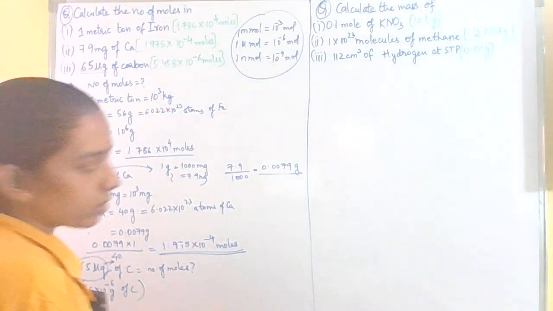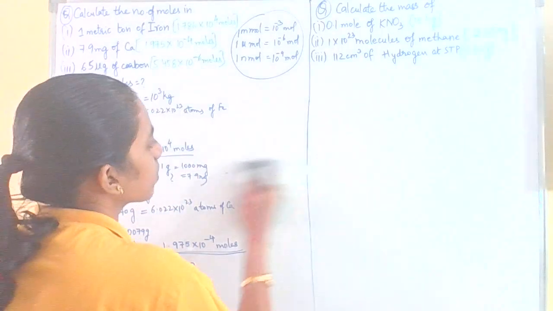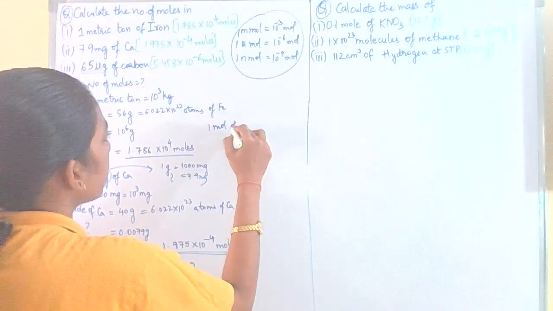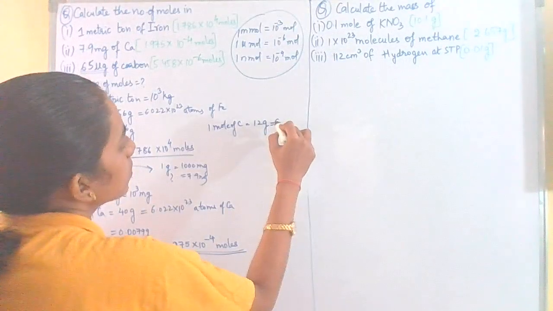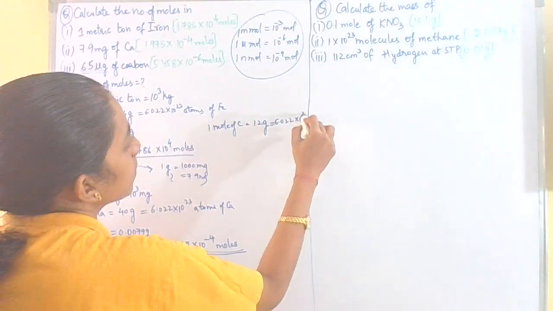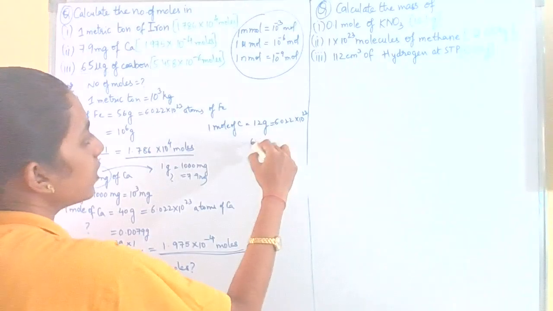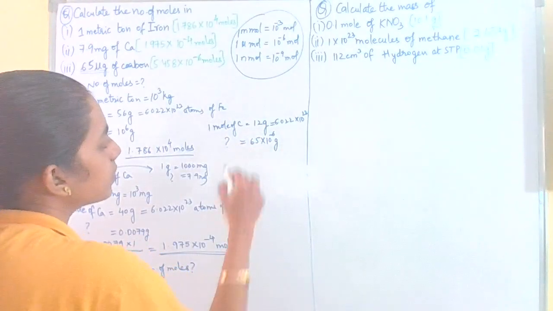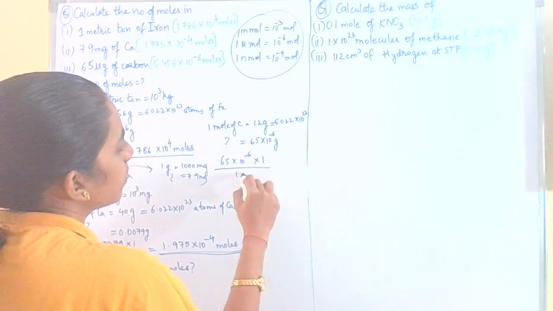Now, one mole of carbon is equal to 12 grams, which is equal to 6.022 into 10 to the power 23 atoms of carbon. Then 65 into 10 to the power minus 6 grams contains how many number of moles? 65 into 10 to the power minus 6 into 1 by 12 grams.